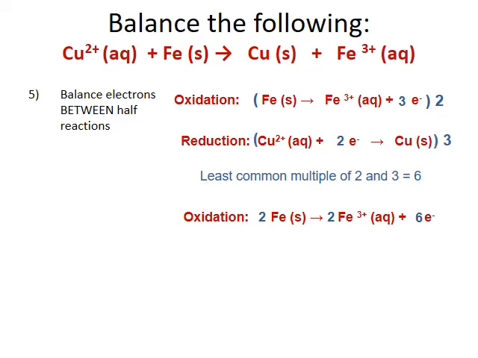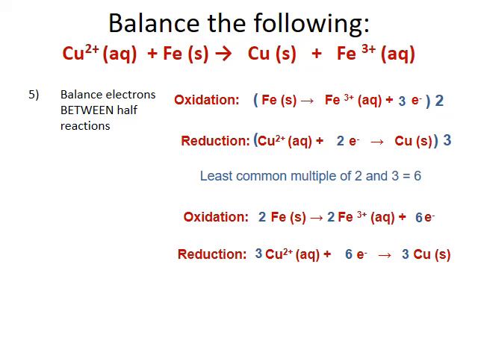For the reduction half reaction, we'll need to multiply everything by 3. So here's the new reduction half reaction. 3 copper 2+ ions plus 6 electrons results in 3 neutral copper atoms. Again, by multiplying everything in this half reaction by one number, we maintain the mass and charge balance.